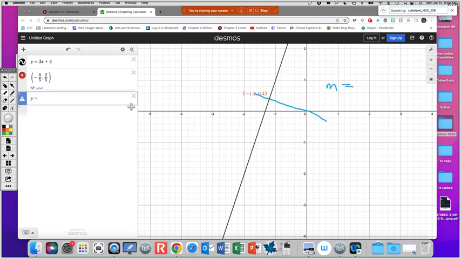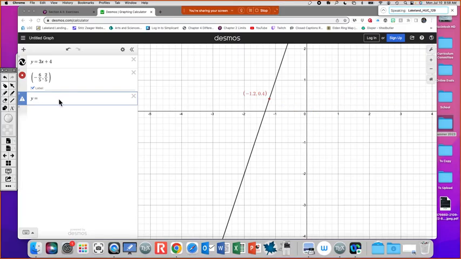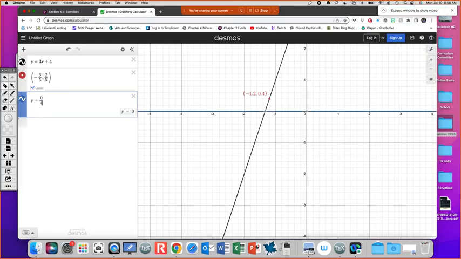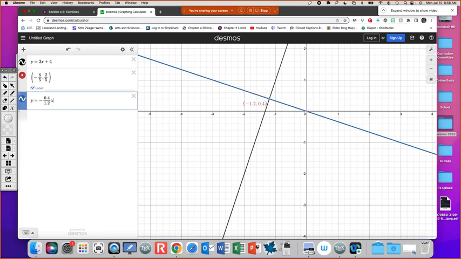So it'd be the change in y, which would be negative 0.4 over the change in x, 1.2. We'll just leave it like that. And then the x and y intercepts are 0. So we'll just do that. Boom. Okay.